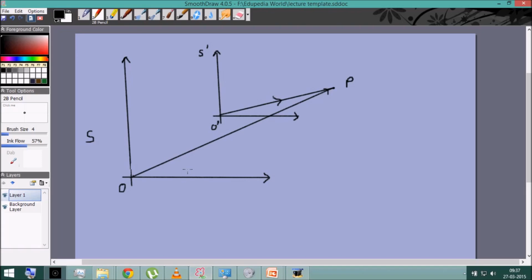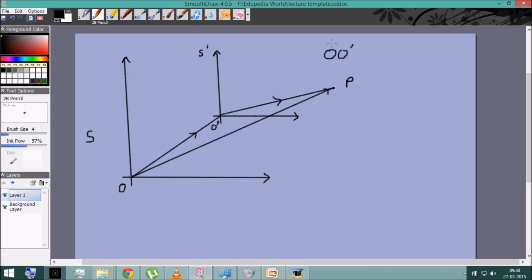And the position of the origin of the frame S dash with respect to the frame S would be this vector OO dash. OO dash is the position of the origin of S dash with respect to the origin of S. But the terminology we often use is that OO dash is the position of S dash with respect to S. When we say the position of a frame, we generally mean the position of the origin of that frame.